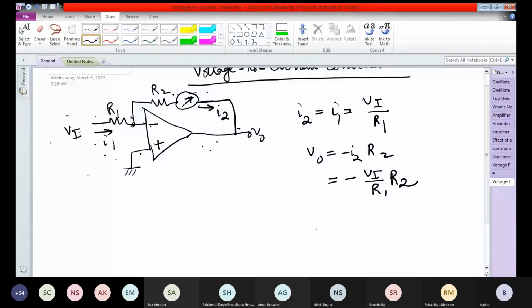So the current is flowing through the load impedance R2, but we need access to one side of the load impedance, which should ideally be grounded, because usually we want one side of the load impedance to be grounded. So this circuit may not be practical for most of those applications.